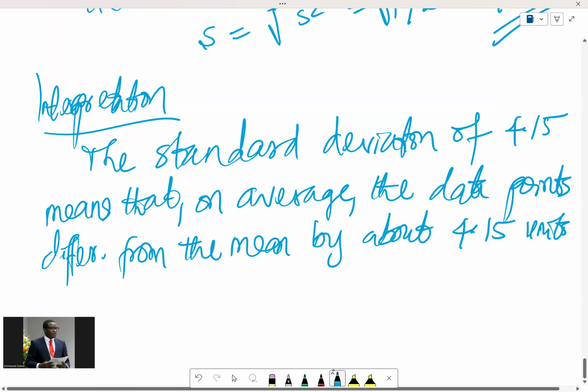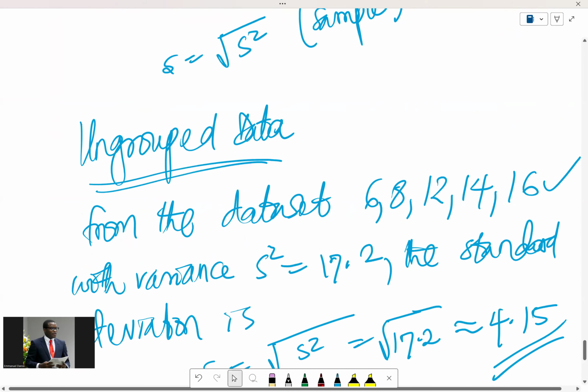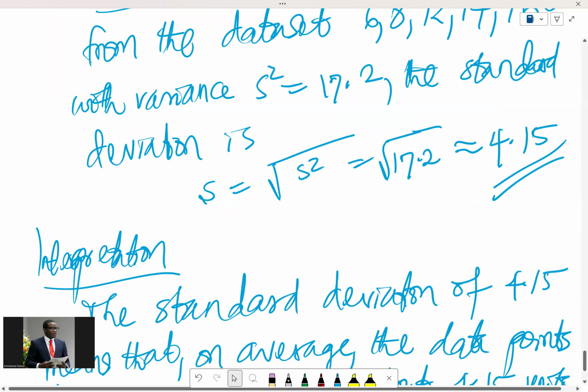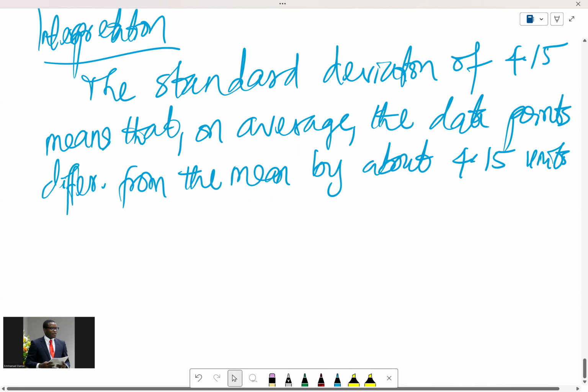So if, for instance, the data you have is the score of students in an exam, you can say that on average the score of each student is about 4.15 units away from the average.